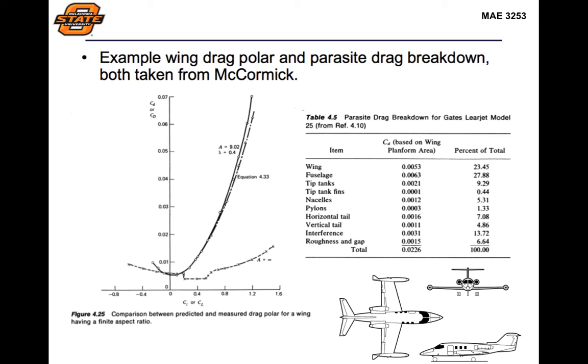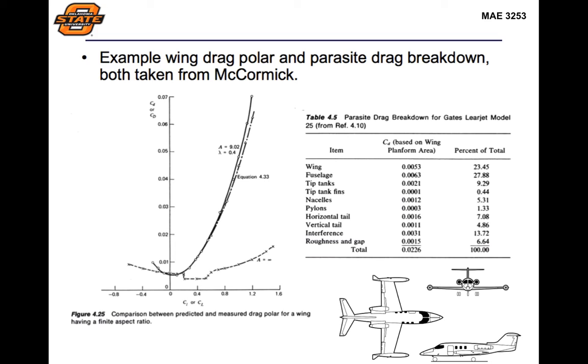We're missing pieces when we take the CD of the wing and add it to the CD of the fuselage. What does interference drag mean? Well, you end up having an additional drag component when you start adding all these additional components and pieces up. So you have to be aware of that.